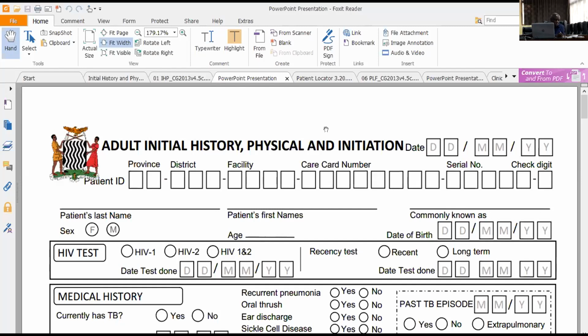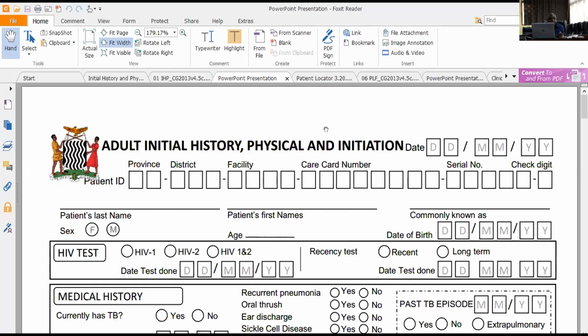Hargreaves? Good afternoon. Hi, good afternoon. Thank you. First of all, I would like to say that the form is quite comprehensive. It's good for us to have most of the data. I'm happy that we have come this far.